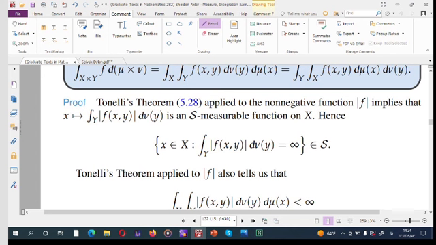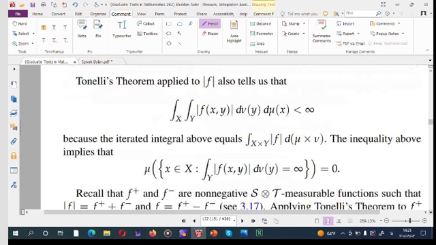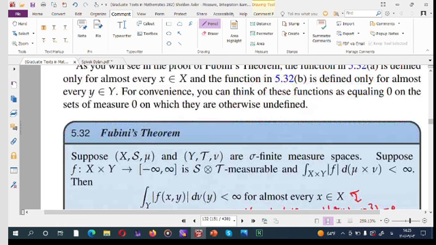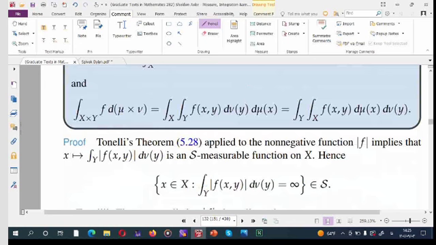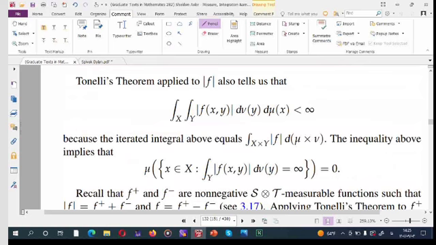Tonelli's theorem implies that this function is an S measurable function on X, hence the set of all x such that this is infinite must belong to S. And Tonelli's theorem applied to this function also tells us that this integral must be finite, because the iterated integral above equals this, and we assume that this integral is finite. Okay, this integral is finite. By Tonelli's theorem, this integral equals the iterated integral above.